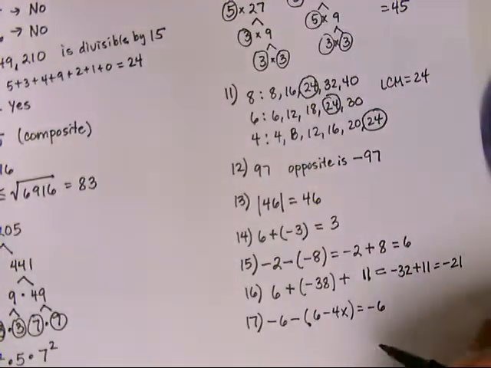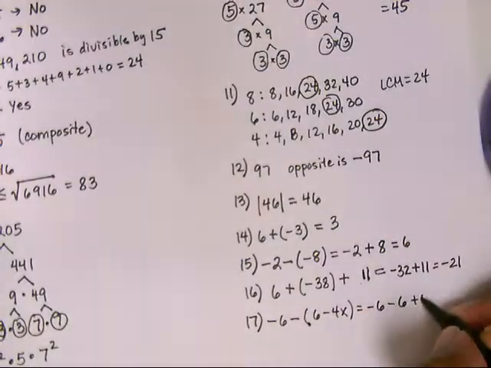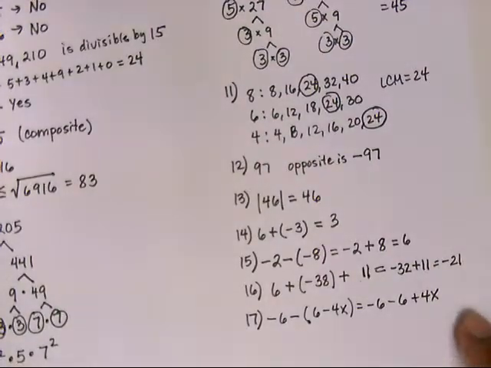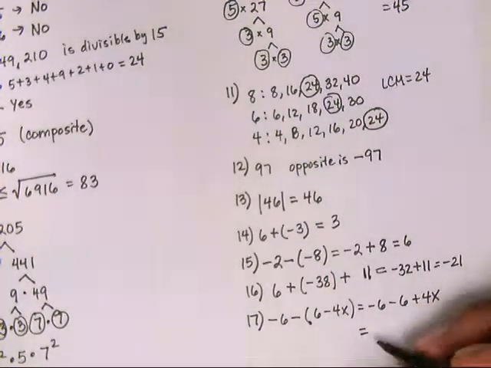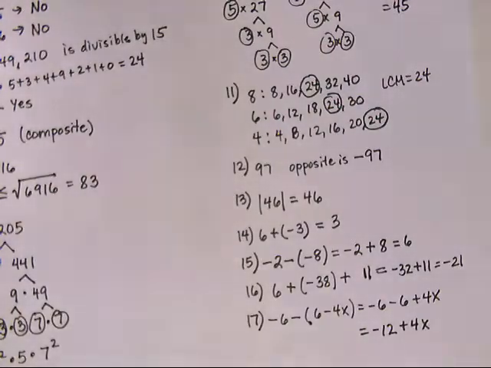So the minus sign will make the 6 minus 6, and the minus sign makes the minus 4x a plus 4x. And then we just combine like terms here. Negative 6 minus 6, that's negative 12, and then bring down the plus 4x because we can't combine anything else with that. So the final answer there will be negative 12 plus 4x.